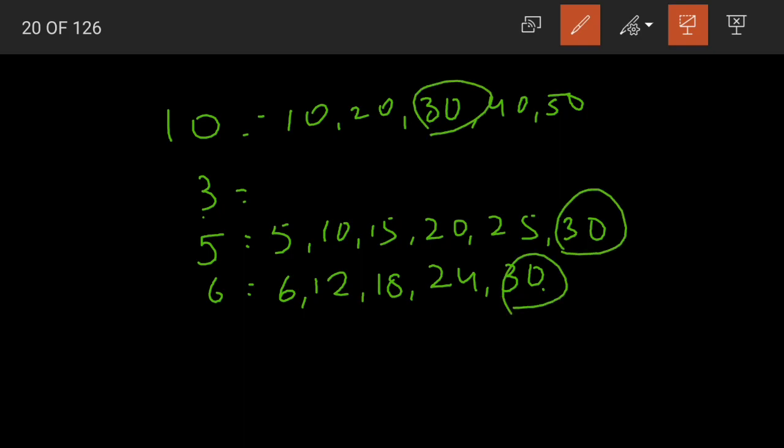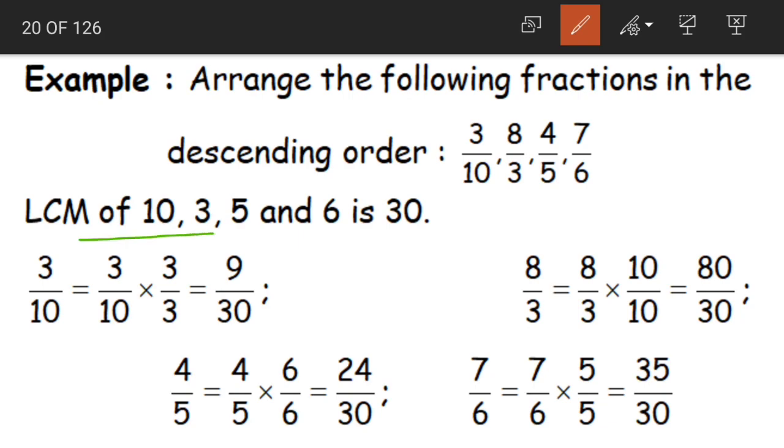Yes or no, children? 30 is the common multiple among all these 3. Now is 30 a multiple of 3? Yes, we have 3 tens are 30. So 30 is also the common multiple for 3. Now it is the first common multiple among all the 4 given numbers. So 30 will be our LCM, children. What is the LCM? LCM will be 30.